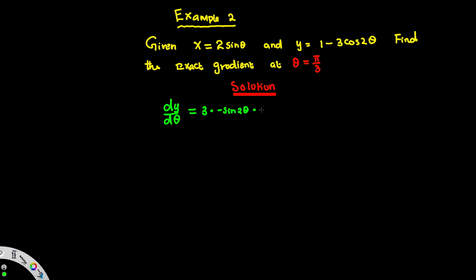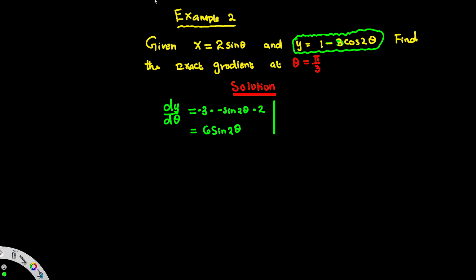If you differentiate 2 theta, you get 2. So meaning our final part, because we have negative 3 there, will be negative times negative, and the final answer is positive 6 sine 2 theta as dy/d theta.